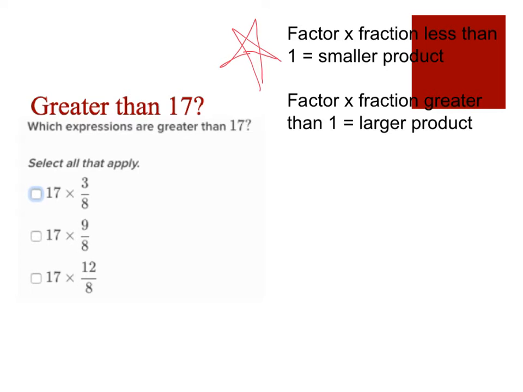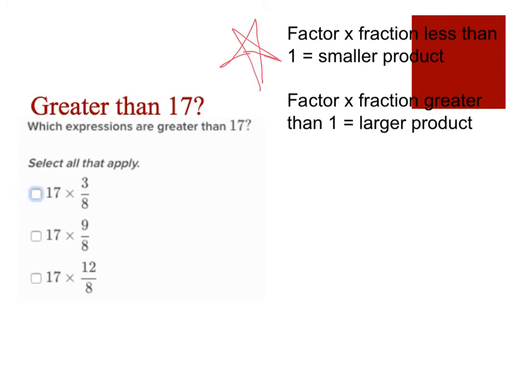We're going to apply that to this expression right here. We're going to figure out which of these three expressions will give us a product that is greater than 17, and 17 is our original factor here. We're going to do that without actually solving any of the problems, just using the rules that we learned.